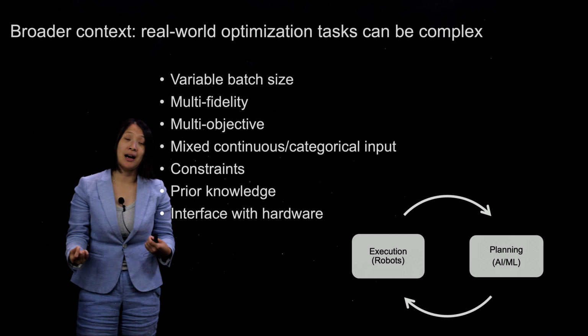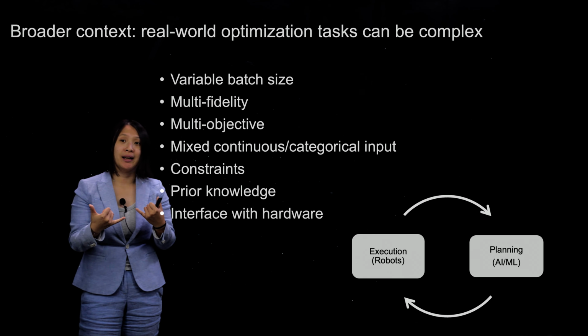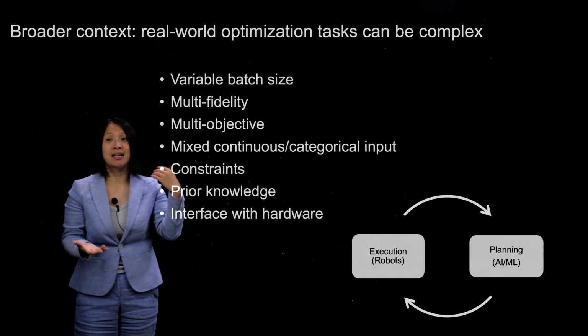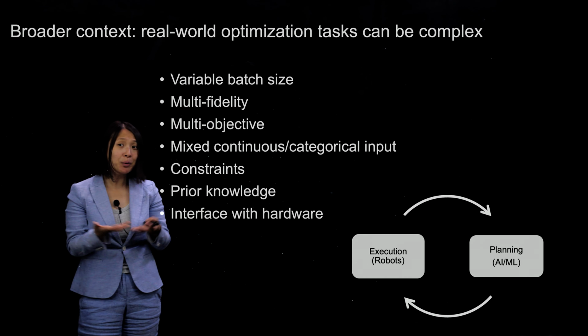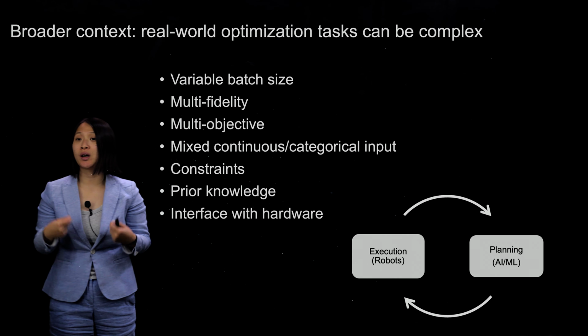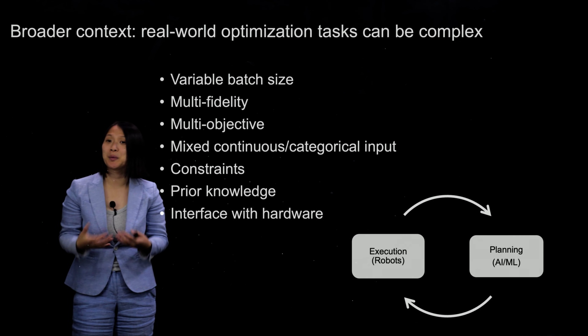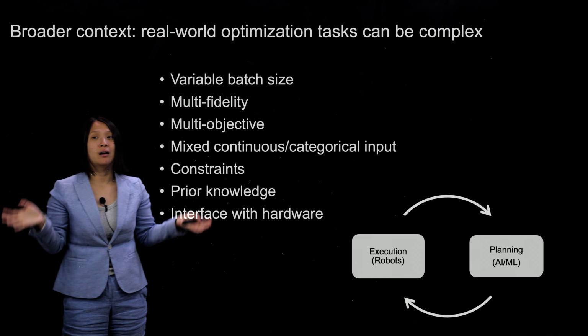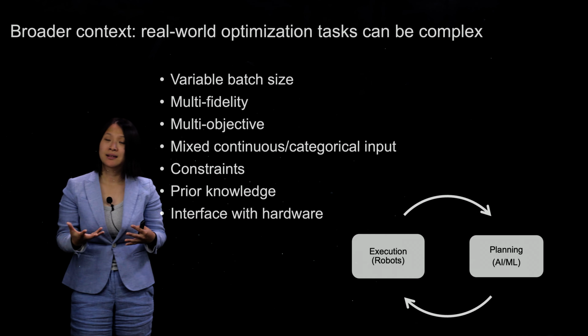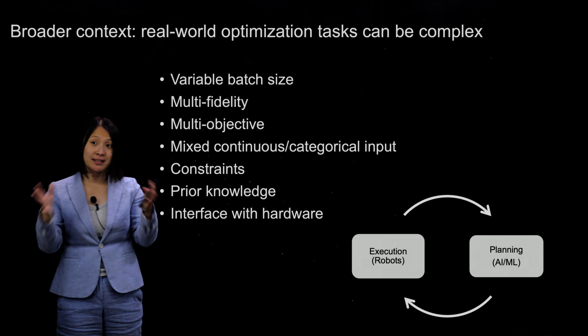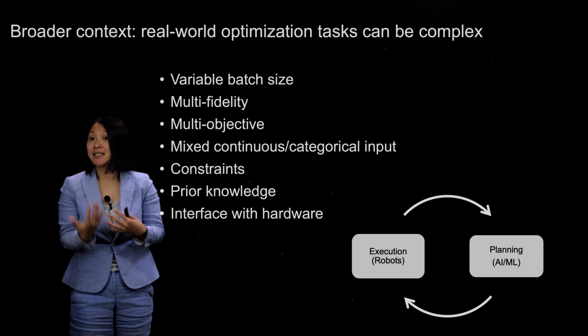We may have our input to be mixed, continuous, and categorical input. So we need to consider what is the scale and also the type of the input parameters. Often there are constraints either from the physical hardware or from physics.